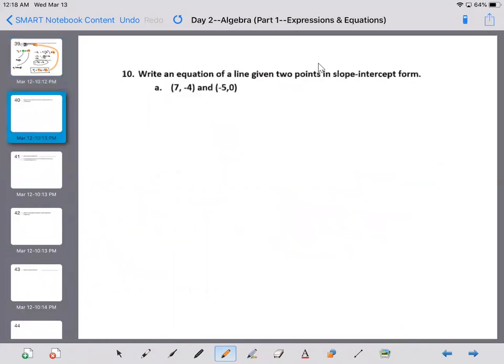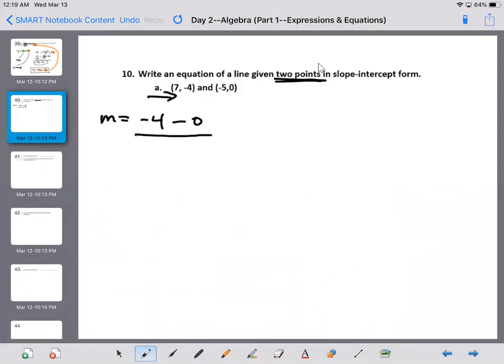All right, let's write an equation where you're given 2 points. So that's all you're given are 2 points, and you want to write an equation in slope-intercept form. Well, first we got to figure out the slope. So I'm going to move left to right, and I'm going to take -4, which is a y value, and subtract the other y value, which is 0.